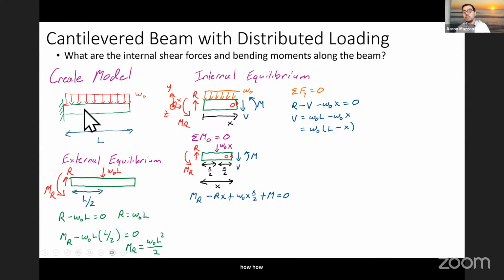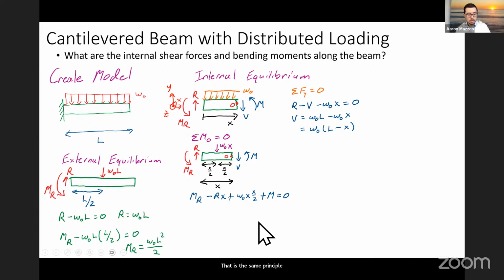Well, remember, just like we had a distributed force acting on this region, we said that the resultant of the distributed force was given as a force halfway across the beam. That is the same principle that is happening here.